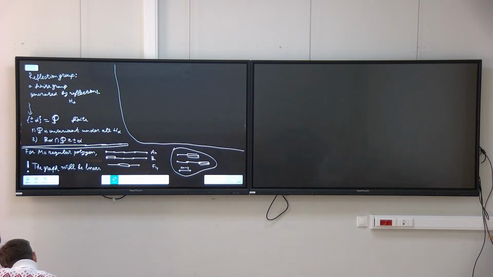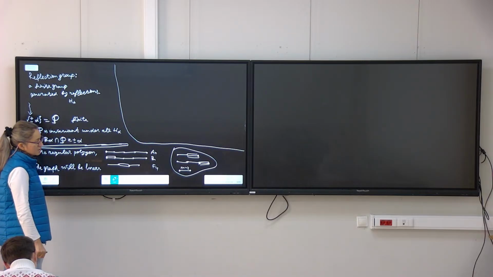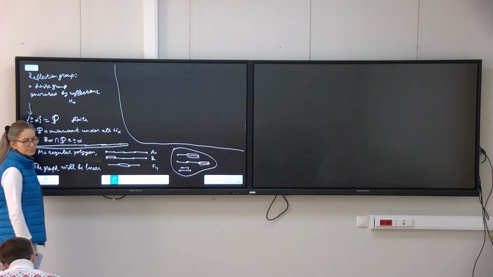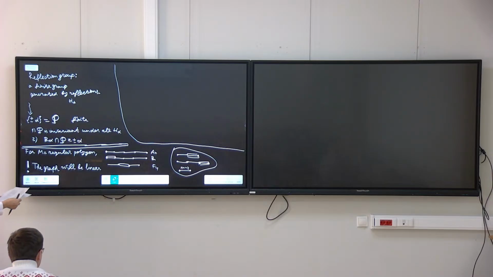If we forget multiplicities, we will not have vertices of degree 3. So no Dn, no E6, E7, and E8. Okay. We will not need it today, but I want to present it.